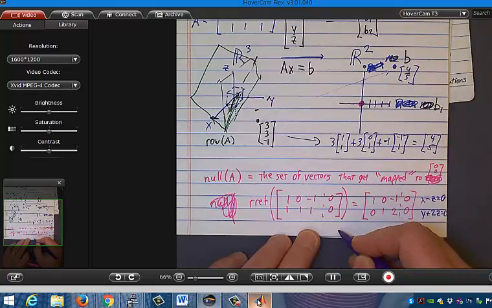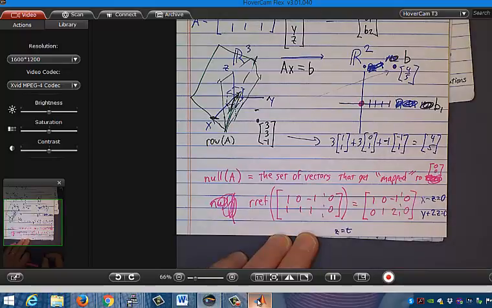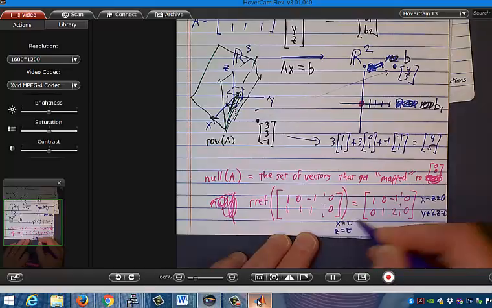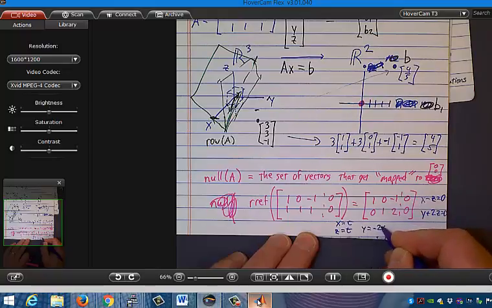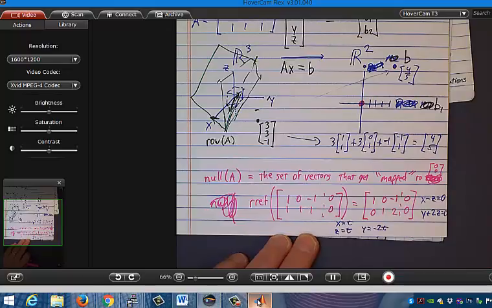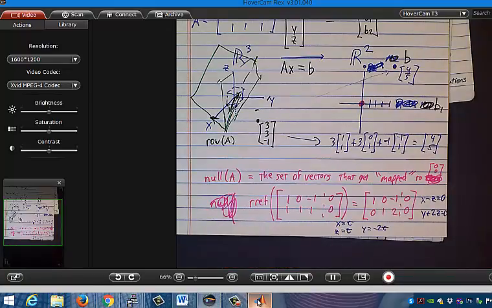We say z is equal to t. Once I do that, I know that x has to equal t, and then y has to equal -2t. So once again, what would be a basis for the null space of this matrix?